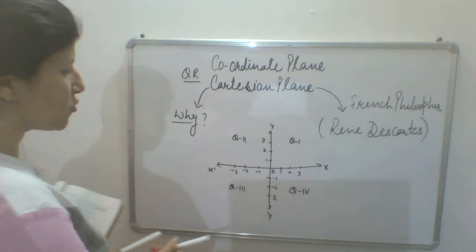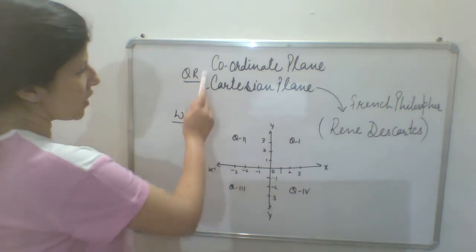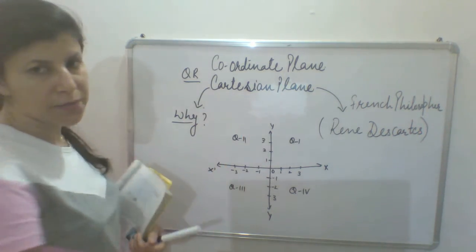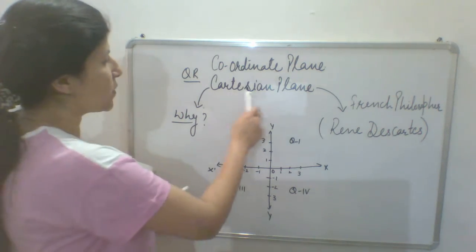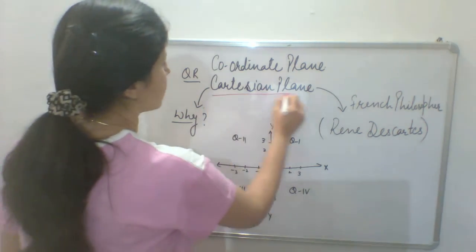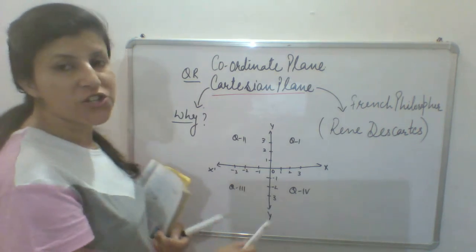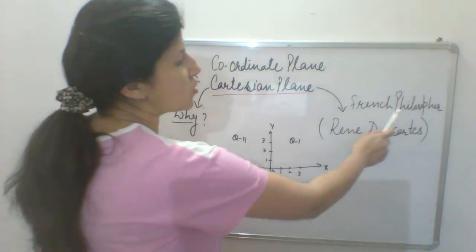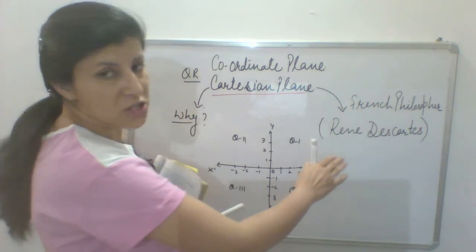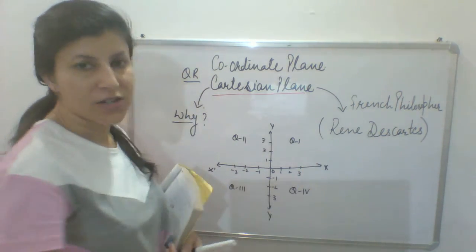Okay students, as I told you, this plane is called coordinate plane or Cartesian plane. Now the question is, why is this plane called Cartesian plane, right? Actually this theory was initially developed by a French philosopher, who was also a mathematician, René Descartes, right?